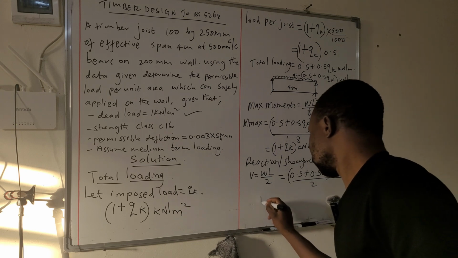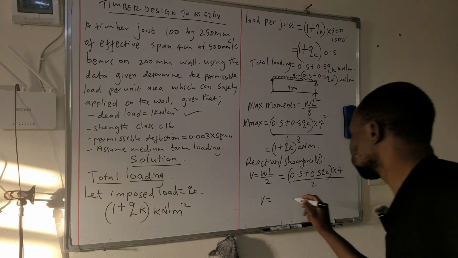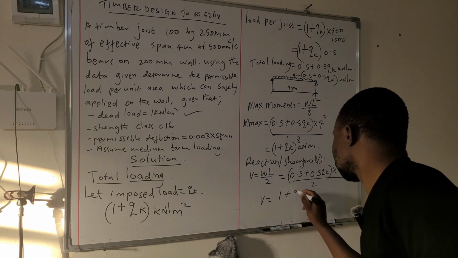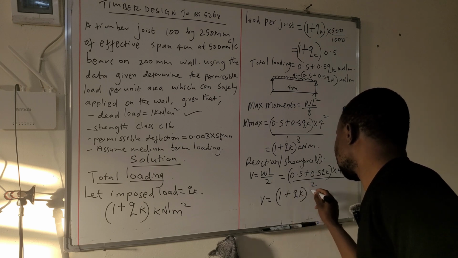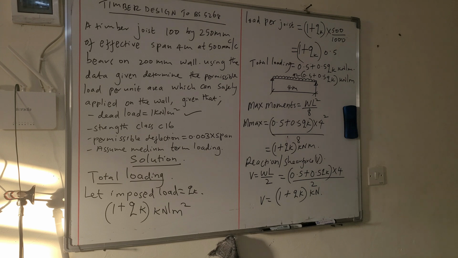So V is equal to, you can punch your calculator, 0.5 times 4 divided by 2. So that is 1 plus Qk. So this is in kilonewton.